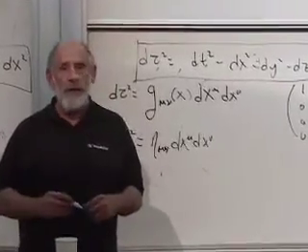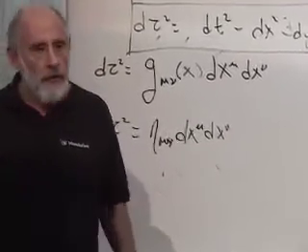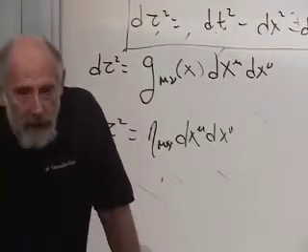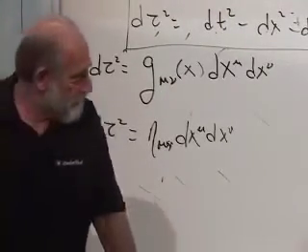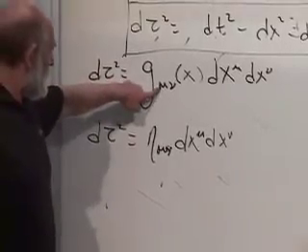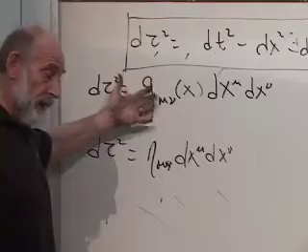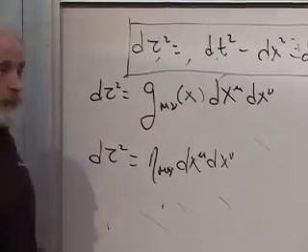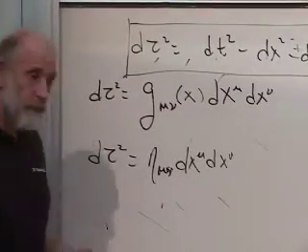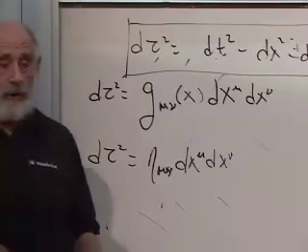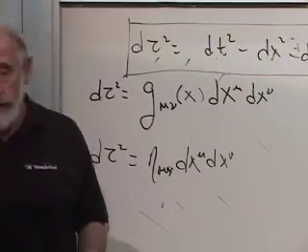Almost everything we said about tensors, their transformation properties, is still correct. G mu nu also has an inverse matrix. G mu nu and its inverse allow you to raise and lower indices.